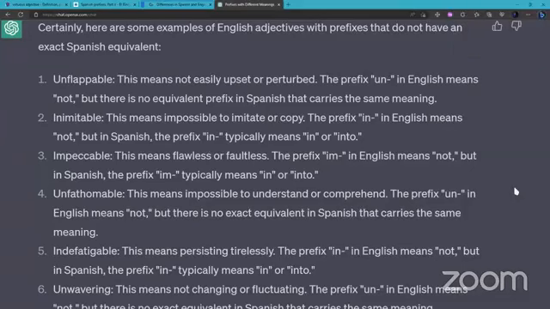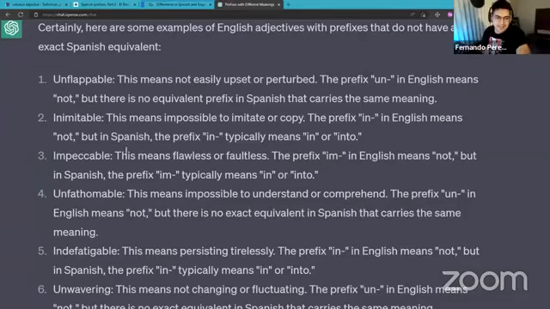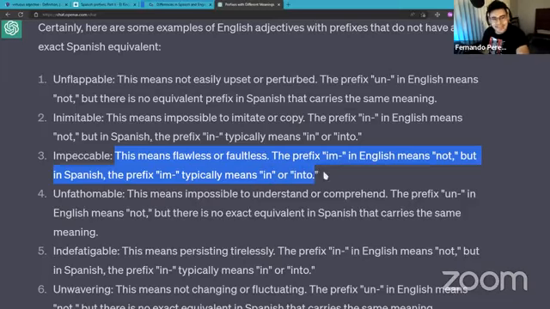Okay. Like, look at this. Number 3, impeccable. This means flawless or faultless. The prefix im in English means not, but in Spanish the prefix im typically means in or into. That's a very interesting one. Number 3, I like it.